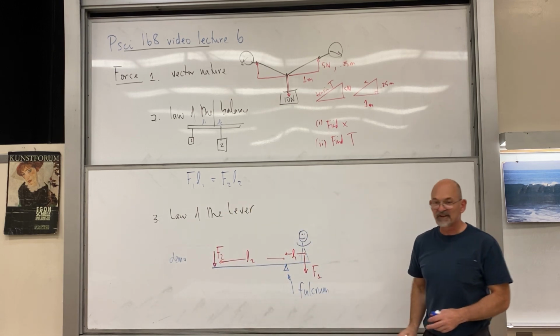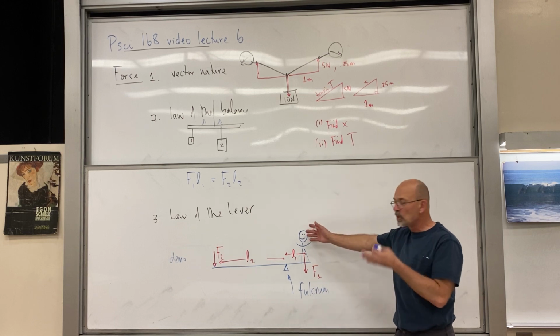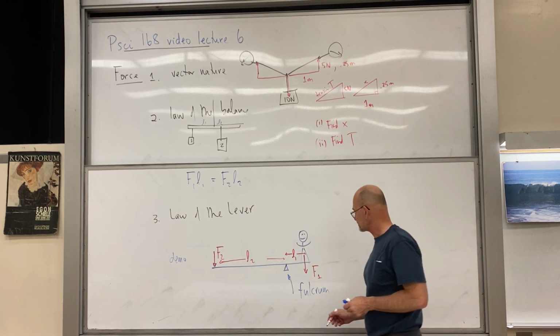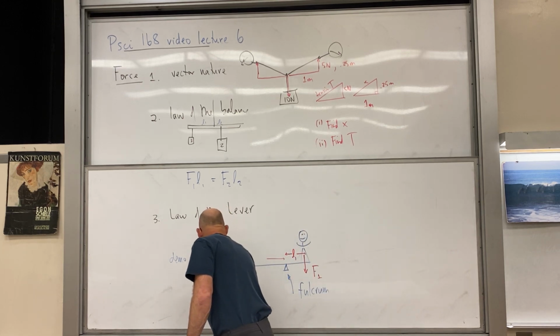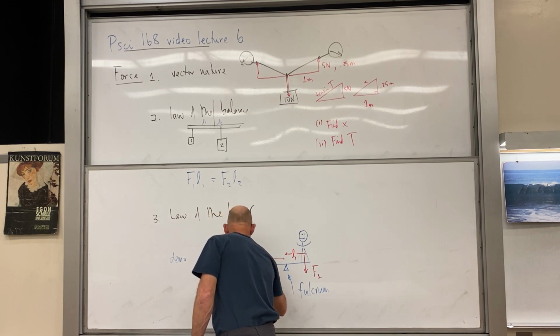So in a sense, it's just like the law of the balance because we're just holding it in place. So we have F1 L1 is equal to F2 L2.